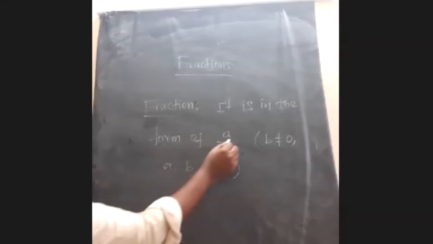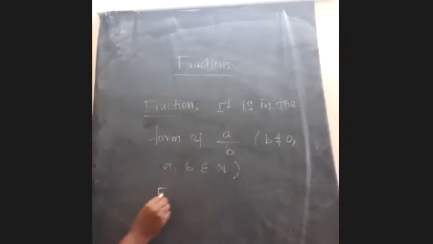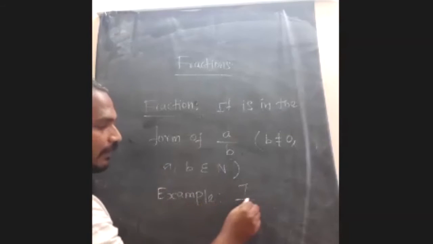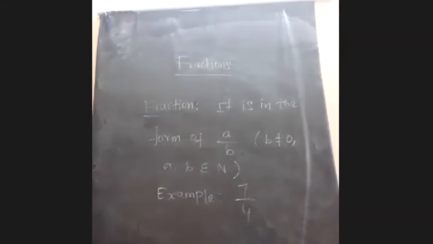Now, a by b. Let me write one small example. 7 by 4. Is it a fraction? Yes, it is a fraction. Why?